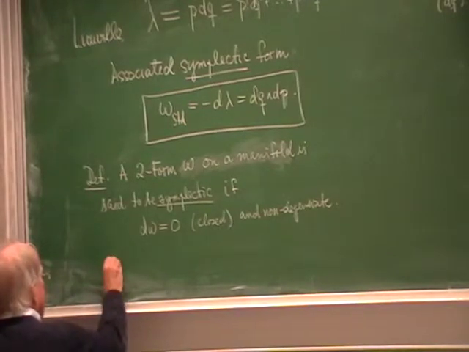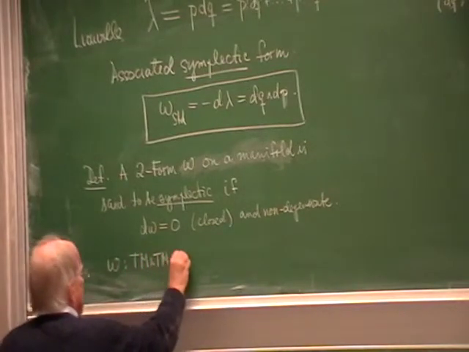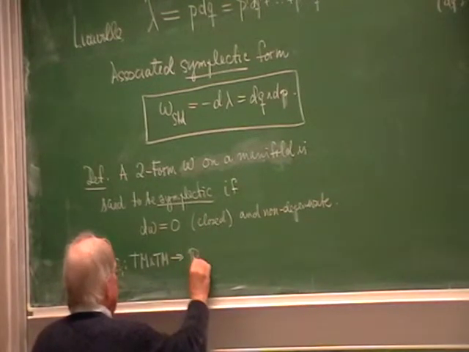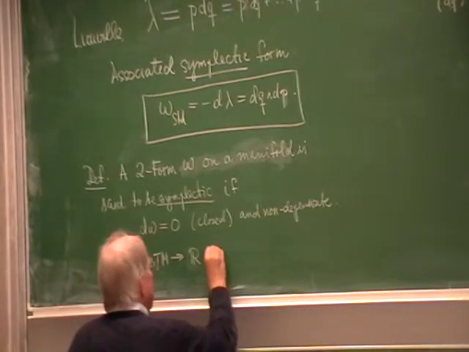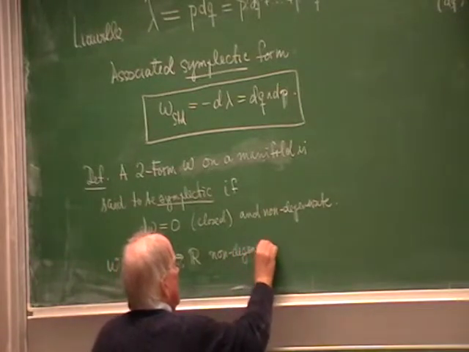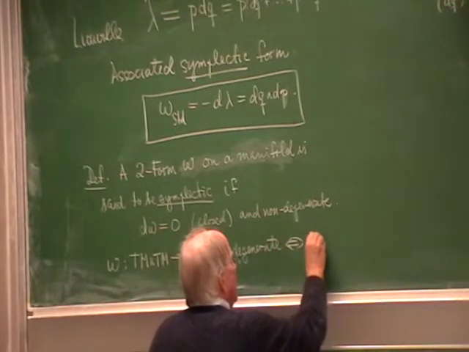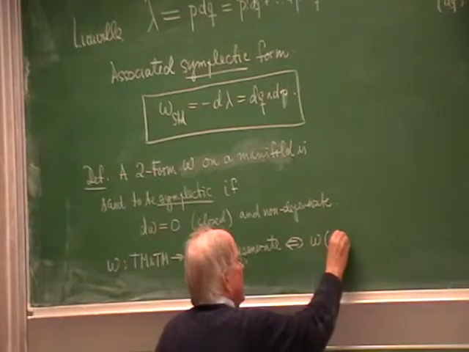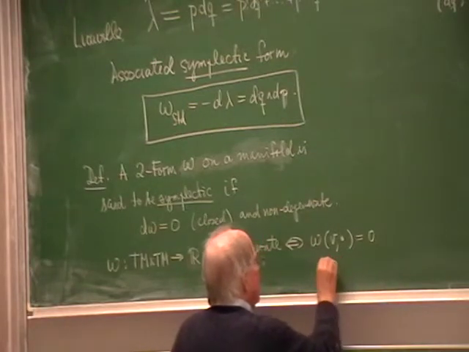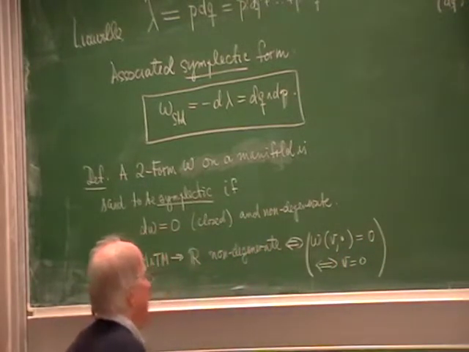So, omega maps the tangent bundle across the tangent bundle to a function, to real numbers, is non-degenerate whenever omega(v, ·) is 0 implies that v is 0. See, I've been a little sloppy here, but you understand that?